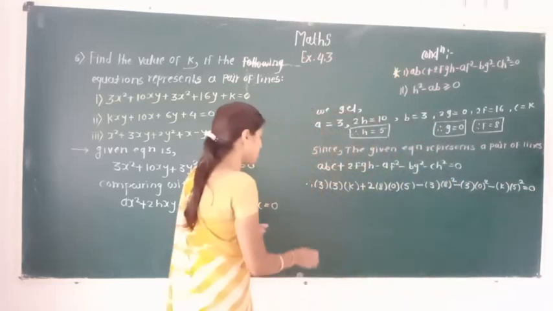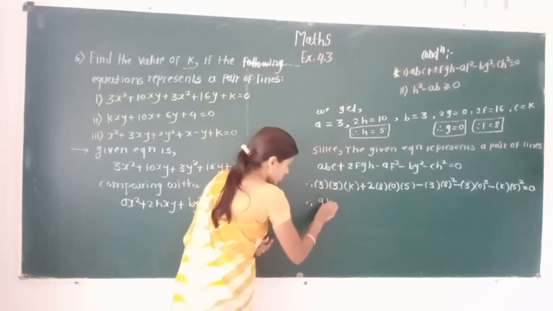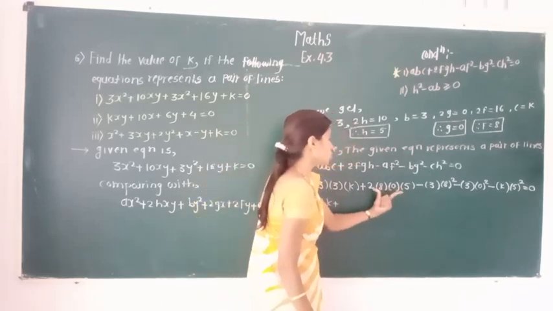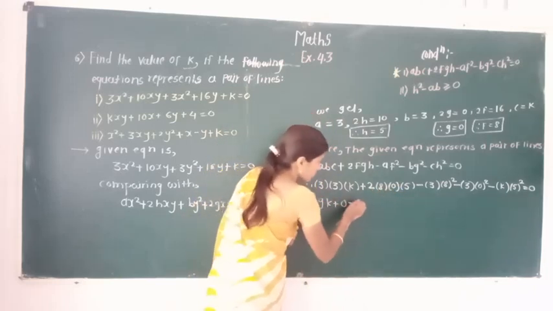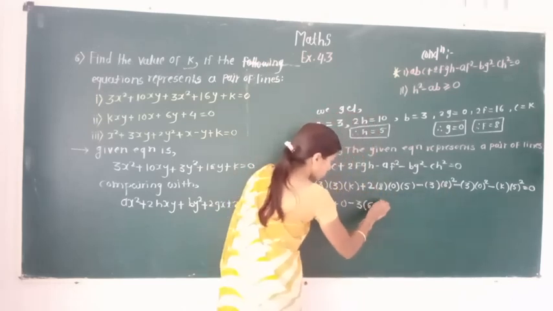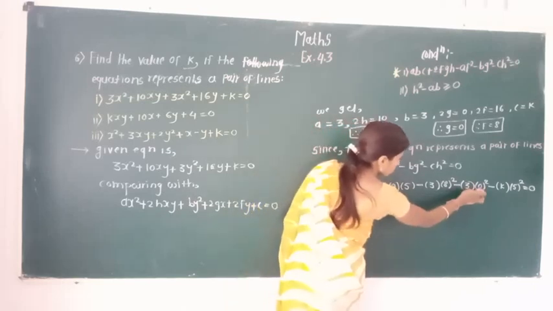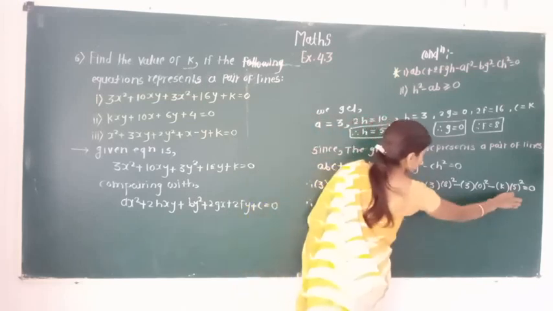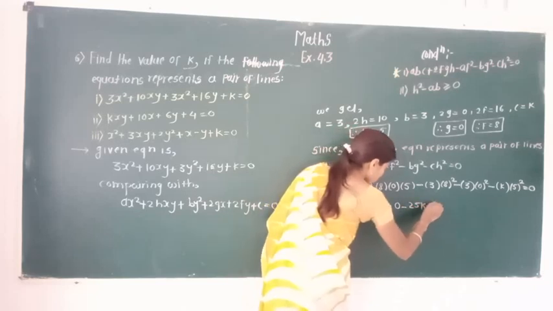Now simplify this condition. We get 3 3s are 9k plus product of all this term. Here is the 0. Product is here, get 0, minus 3 into square of 8, get 64, minus 3 into 0 square, get 0, 0 into 3, get here 0, then minus 5 square is 25, 25 into k, get minus 25k.